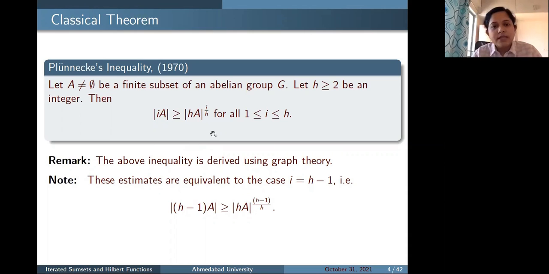It is equivalent to saying that the cardinality of (h minus 1)A is greater than or equal to the cardinality of hA to the power (h minus 1) by h.